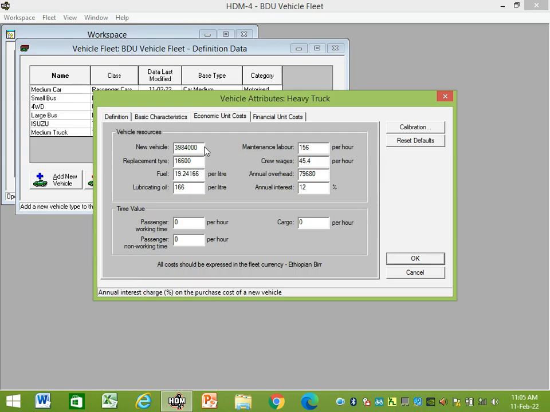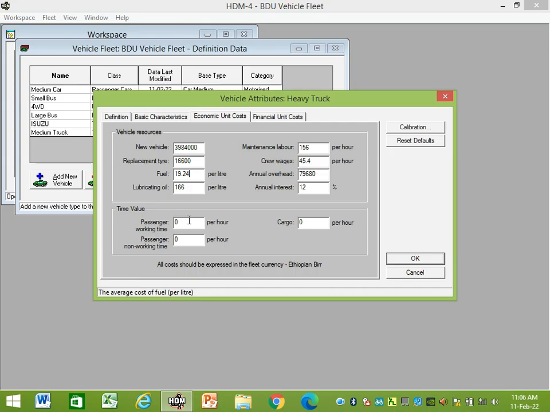You check. This is the price: 3,984,000. Tire is 16,600. Fuel 19.24.